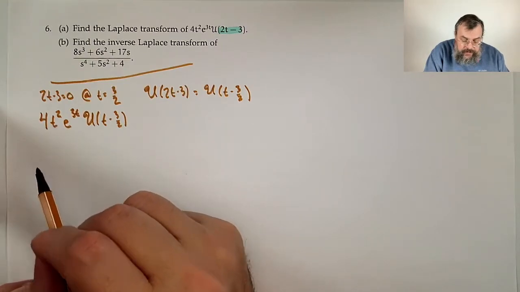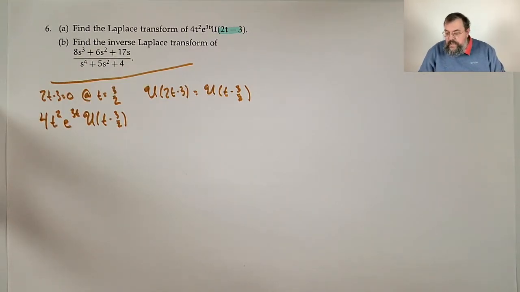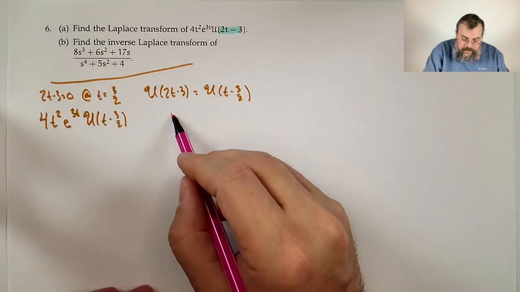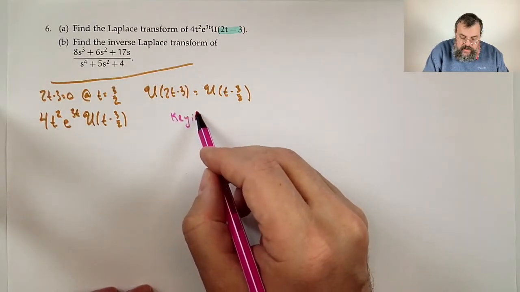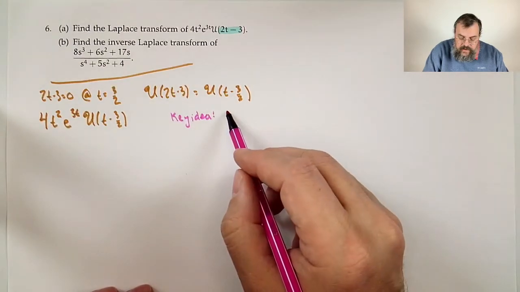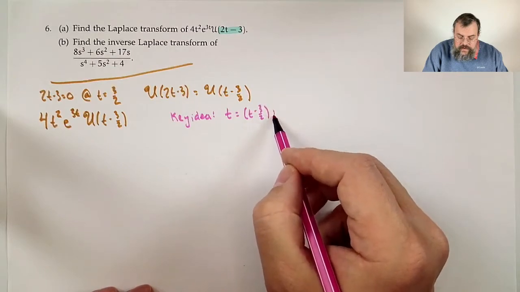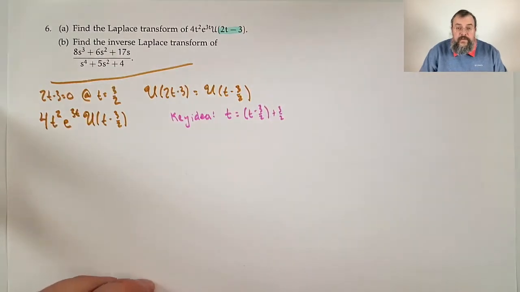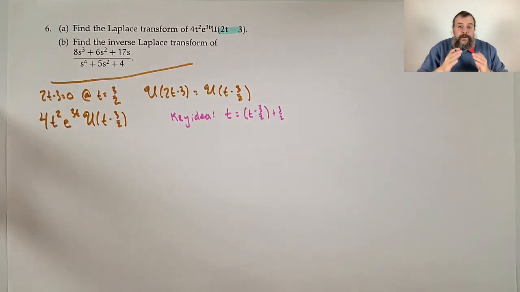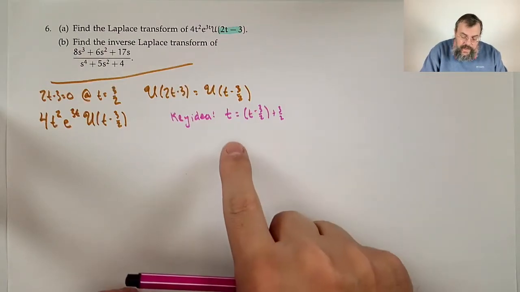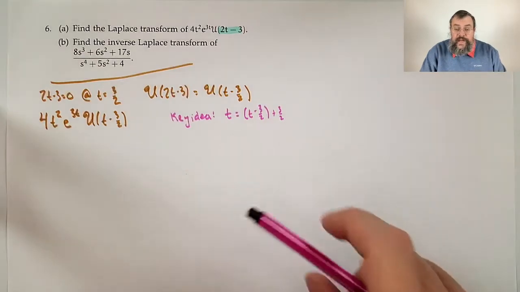So how do we get there? Well, the key idea, and we'll write it down for reference here, is that t is the same as t minus 3/2 plus 3/2, right? Because if I subtract 3/2 and add 3/2, I get 0. And so there's a way to rewrite t in terms of t minus 3/2.